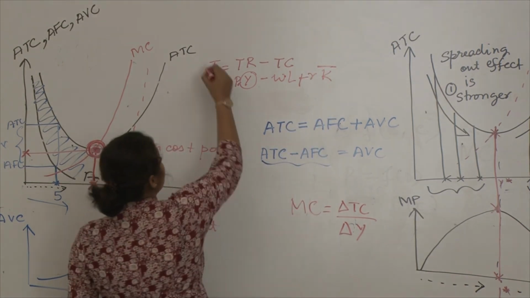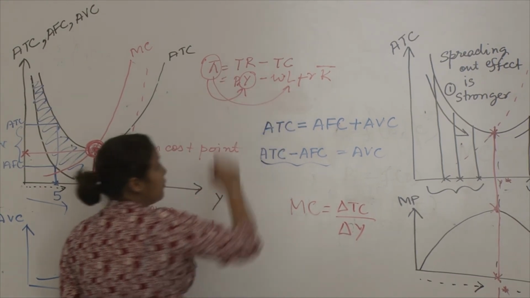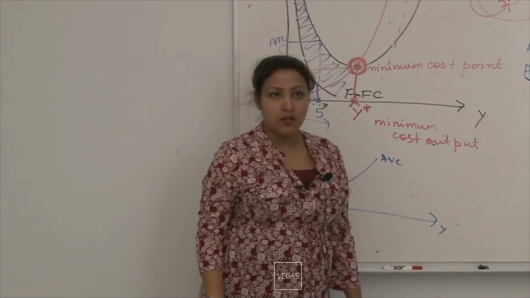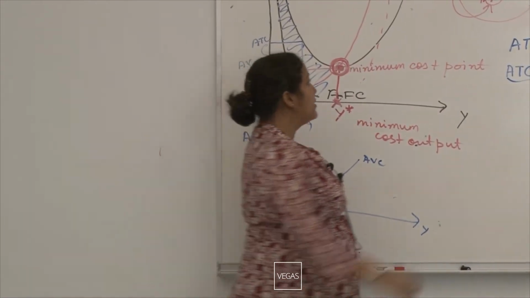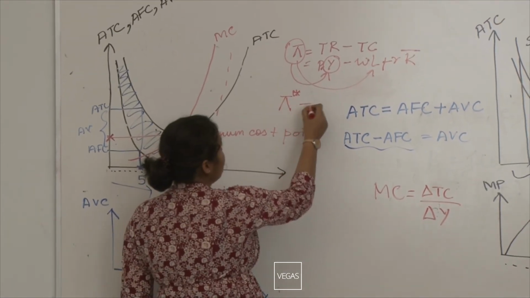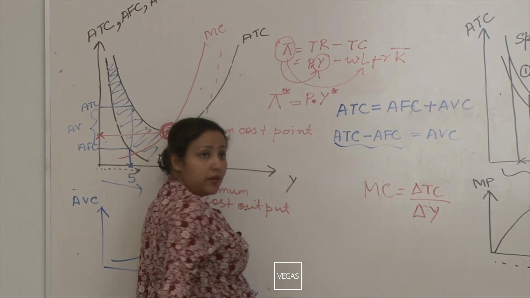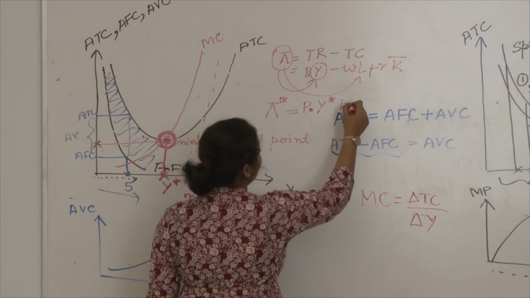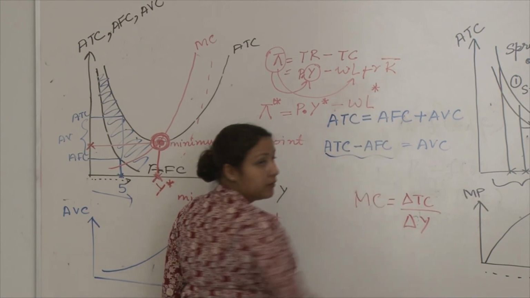So that means this profit depends on Y, and this profit depends on the efficient use of L. So after all these things, where we have landed is that this profit will be maximized or optimized only if the producer is able to produce the optimal Y, and he is able to use this labor in the most effective way.